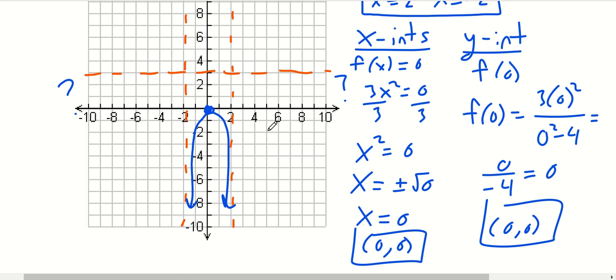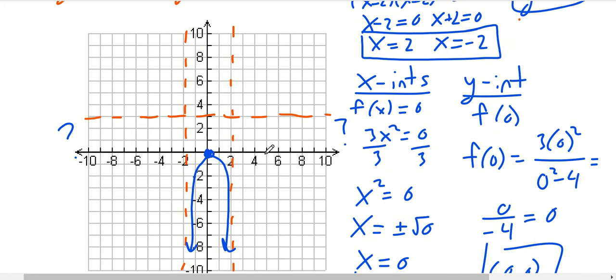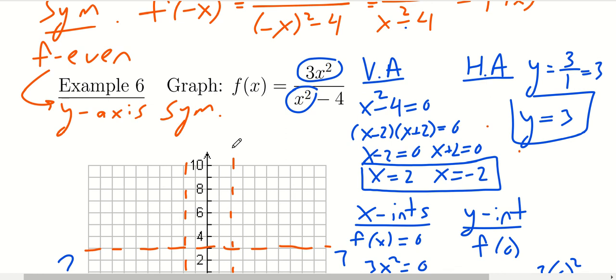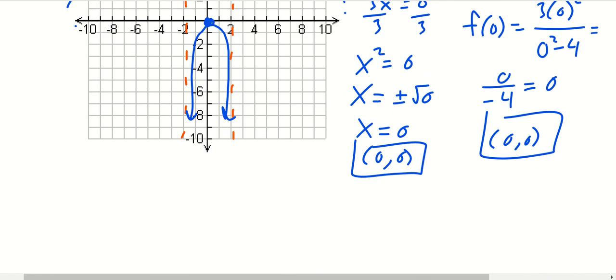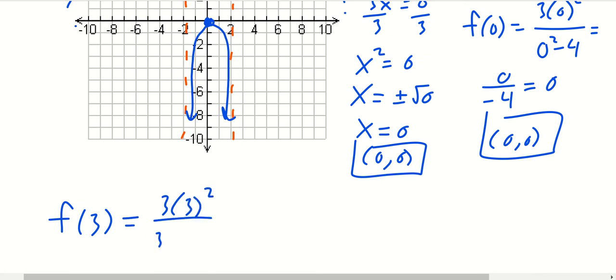So this is the case where you might want to go ahead and do some additional points. For example, if I try to evaluate f of 3, let's plug 3 into the function. f of 3 is equal to 3 times 3 squared divided by 3 squared minus 4.